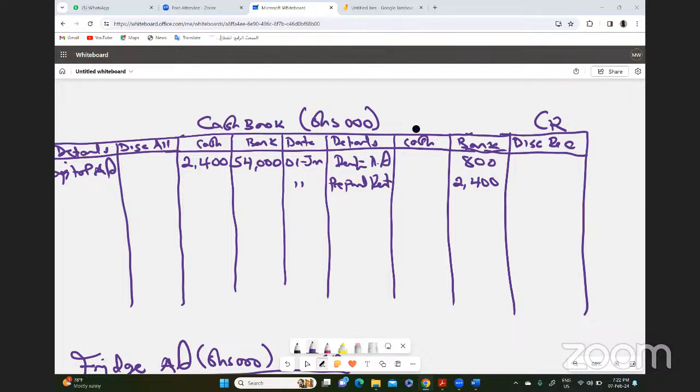Now, what bookkeepers normally do in the cash book, when they pay rent of 3.2, they just credit the cash book with 3.2. And that's the reason why after ledgers, we are going to look at end year adjustments. Are we together? So they pass one entry in the ledger and it goes directly to rent. But at the end of the period, not all that rent was actually relating to the same period.